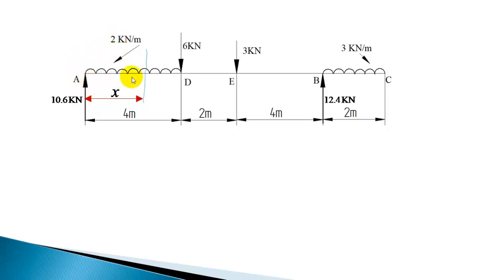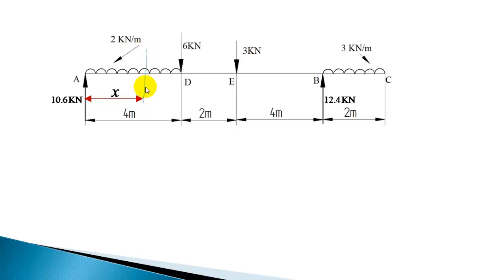This part of UDL you should take. When you take a section, this is a considerable part of the load. If it's very close, you can neglect that. When it is at some distance away from the end A, this part of UDL you should take in calculating the shear force.